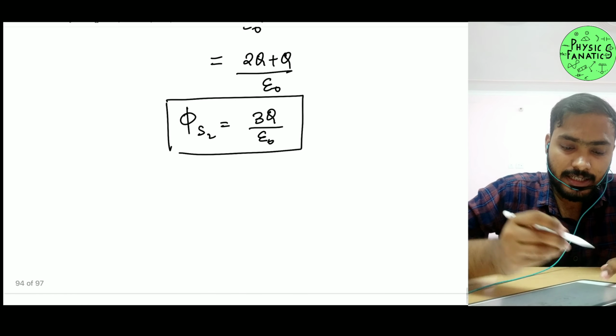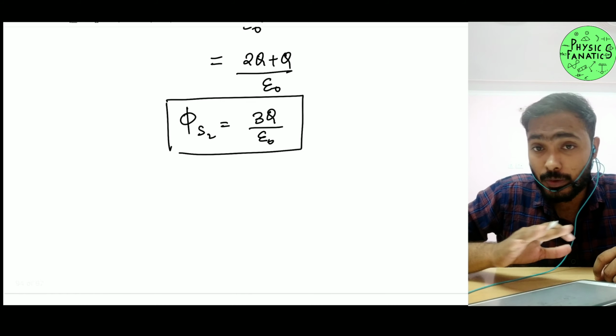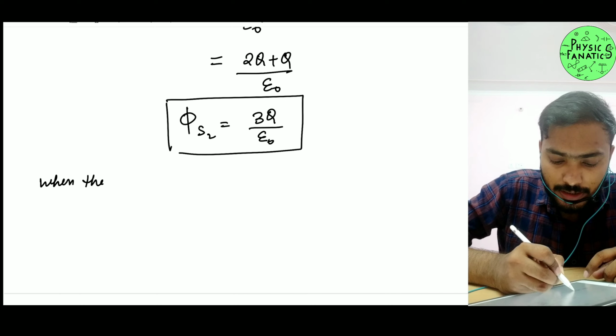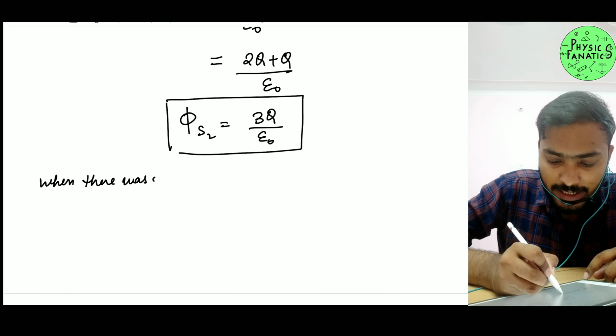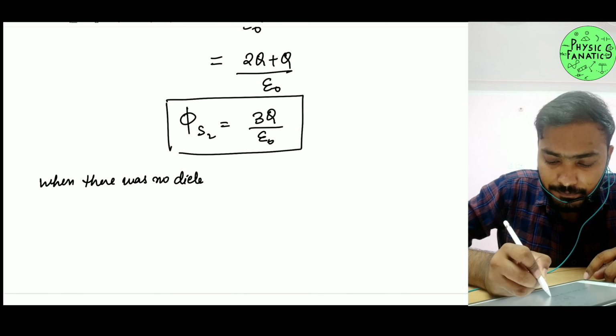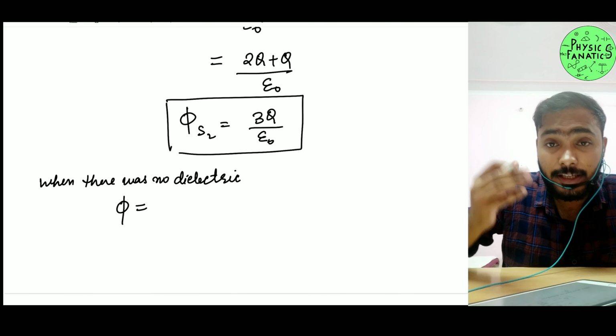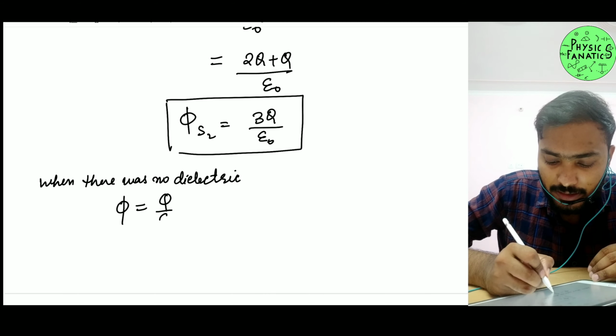So you guys have to understand here, when there was no dielectric, the value of flux, phi, was Q by epsilon naught.